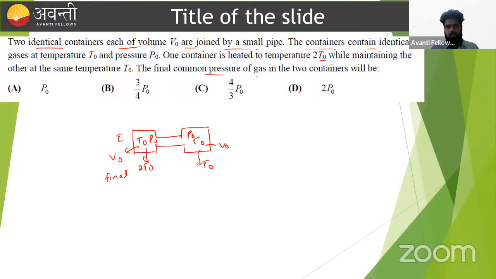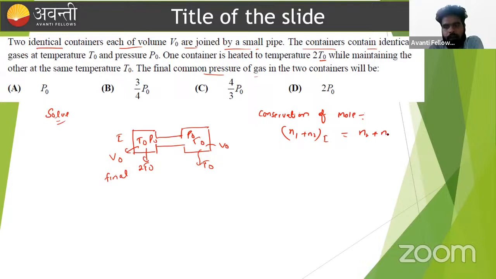So what will happen? If the chamber is closed, the initial number of moles of total gas is equal to the final number of moles. If we apply conservation of mole, then N1 plus N2 at the initial condition must be equal to the number of moles at the final condition.